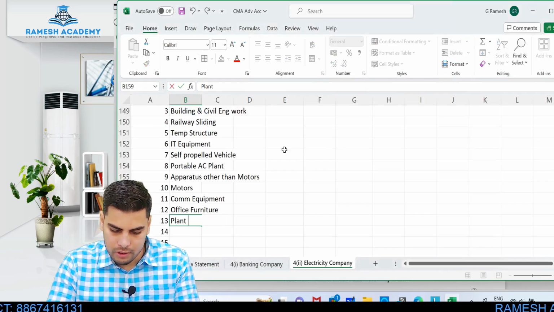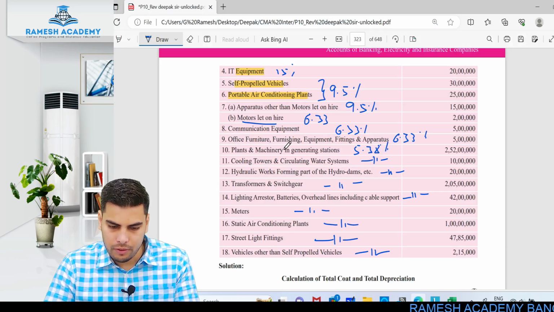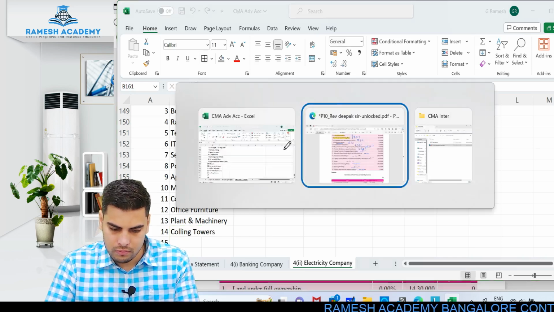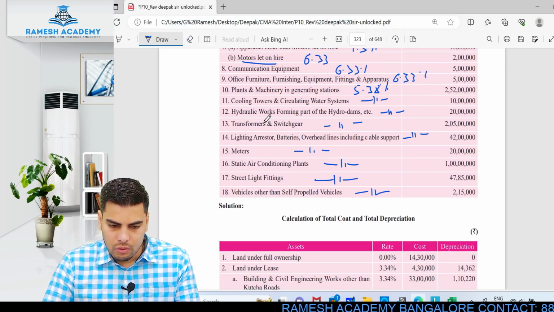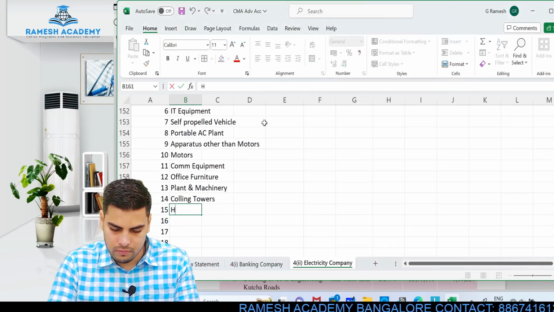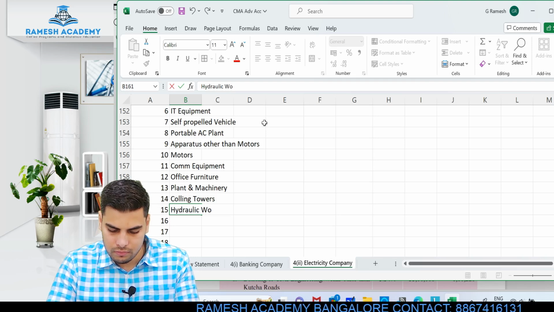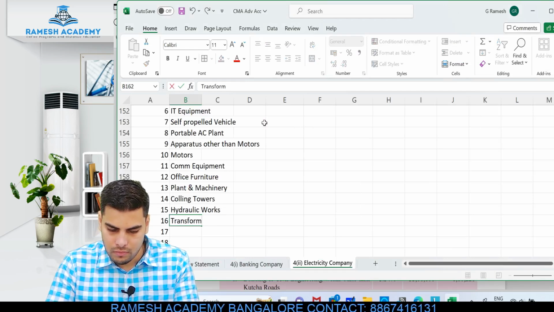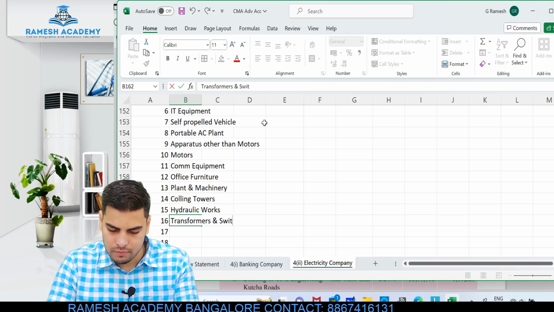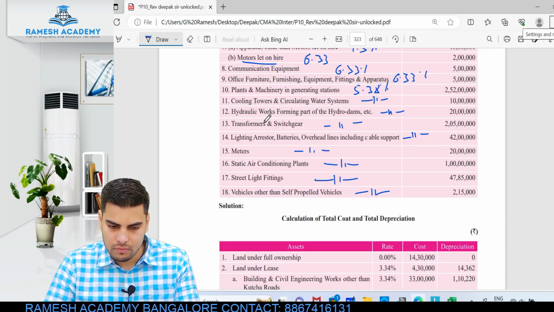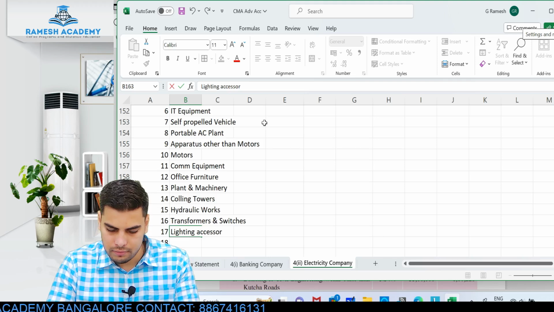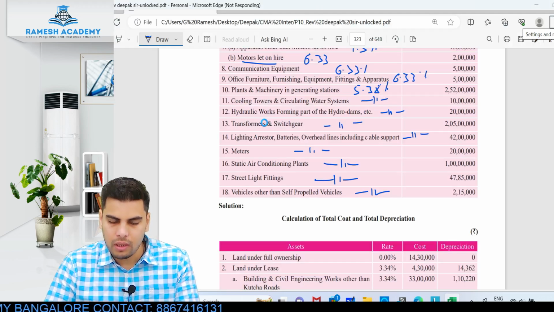We have got plant and machinery. This would be 5.38. So cooling towers, hydraulic work, transformers and switches, lighting accessories. They'll be using the lights and all, right.